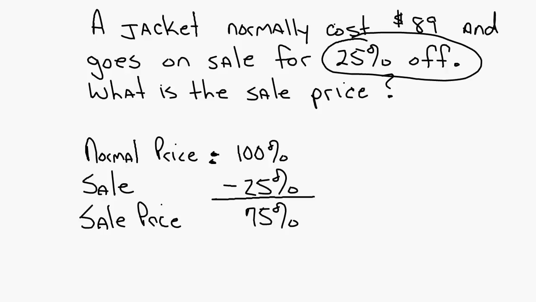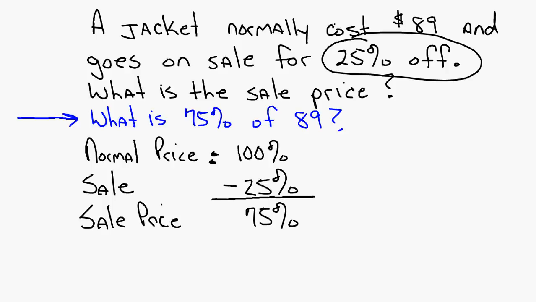Isn't that just like saying, what is 75% of 89, which is the normal price. That's the question. This is the question that we covered today. This is the question that they're actually asking you in this word problem, and you have to be able to pull that out of there. Anybody confused?